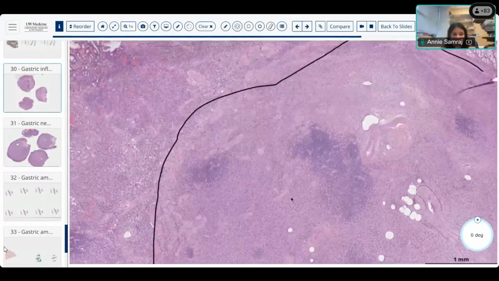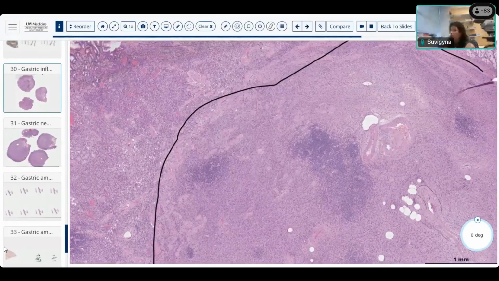So does anyone want to guess what this lesion is? Inflammatory fibroid polyp. Yes, excellent. This is an IFP, inflammatory fibroid polyp. The name makes it sound like it's not a neoplasm, almost like a reactive condition. We used to think that it was reactive, but with molecular studies, we know that there are alterations in PDGFRA, the platelet-derived growth factor alpha gene.